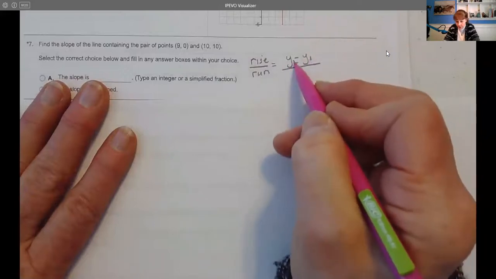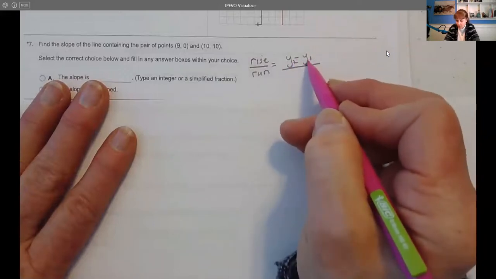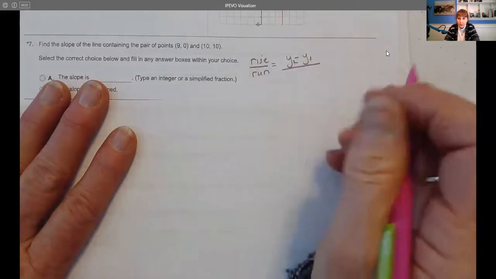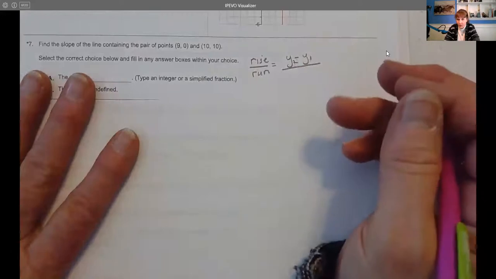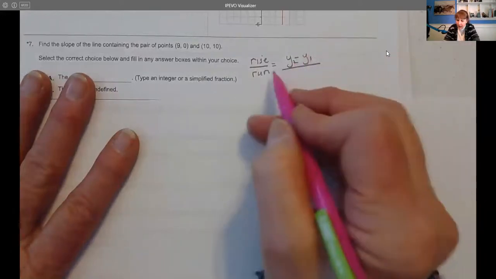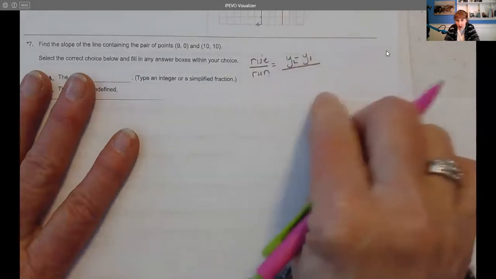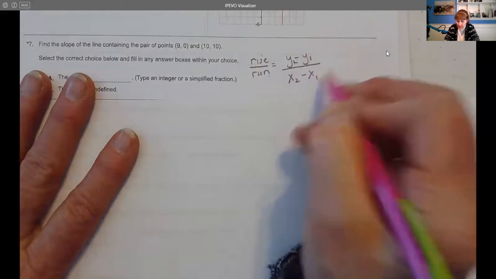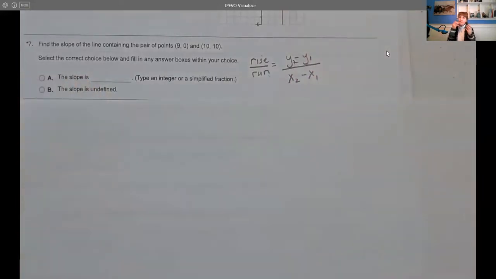It's read y sub 2 minus y sub 1. These just mean I'm going to pick from different points, okay? It just means that we have 2 different y's. And the run going across depends upon the x's. So I'm going to subtract the x values. And that's the formula we're going to use in order to find the slope.